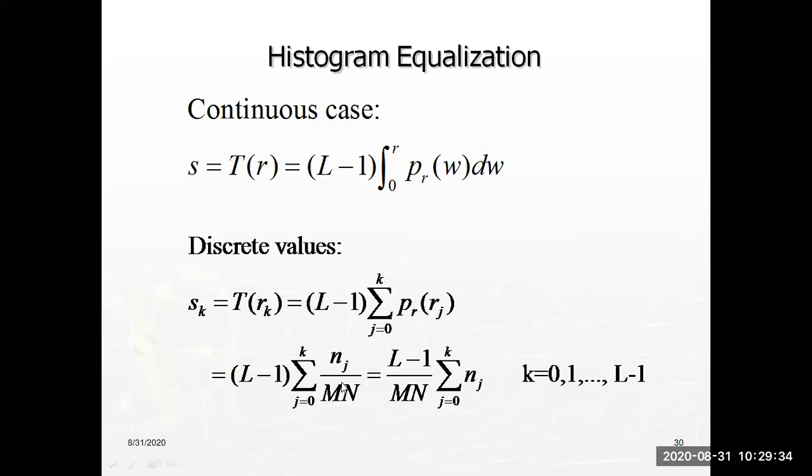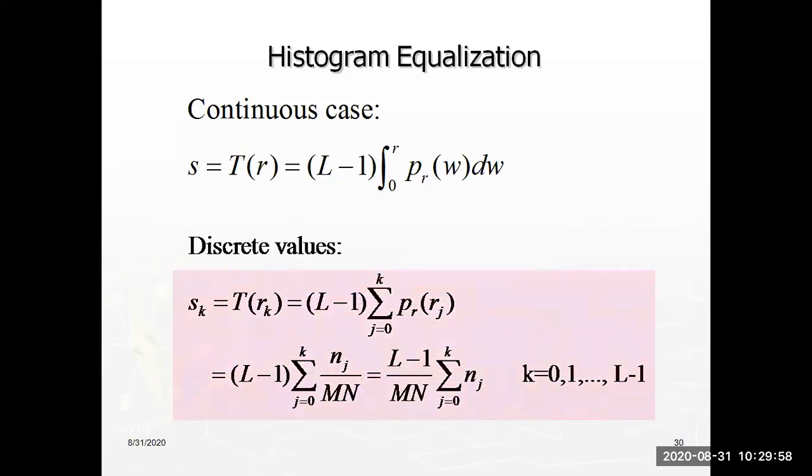So simply n suffix k by MN is replaced with n j by MN, and L minus 1 divided by MN we know, L minus 1 and MN. By changing the value n suffix j, you have different pixel values or different intensity values.